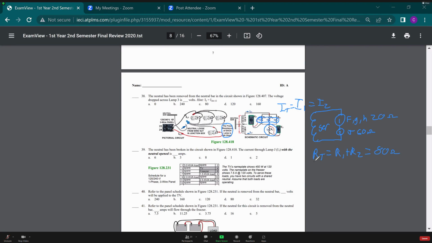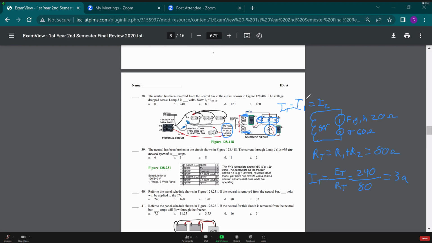Now that I'm up in the totals, I can do I total equals E total divided by R total. In this case, because we're going from A to B, we have 240 volts phase-to-phase voltage. 240 divided by 80 is going to equal 3 amps.